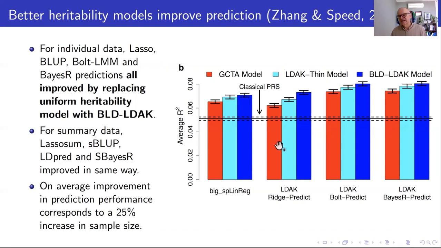And what I want to emphasize now is these different bars here correspond to different prediction models. So you can take any existing prediction model and improve on it by taking out its implicit assumption of uniform expected heritability and putting in a better heritability model. So we can improve everyone's prediction in this approach. Sorry, I'm getting excited.